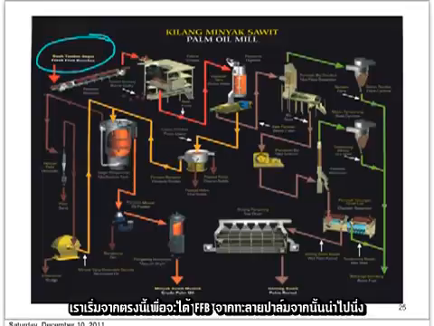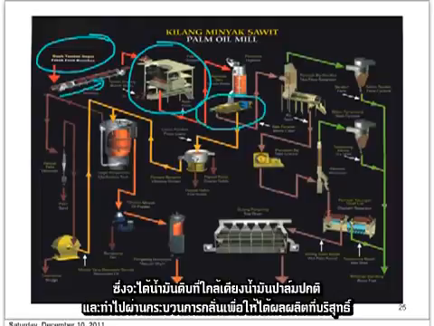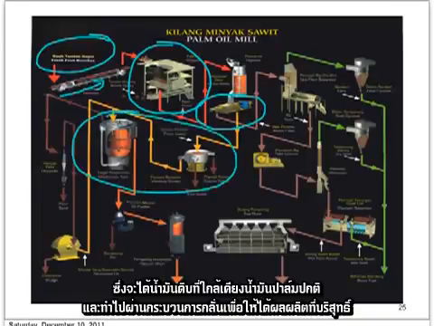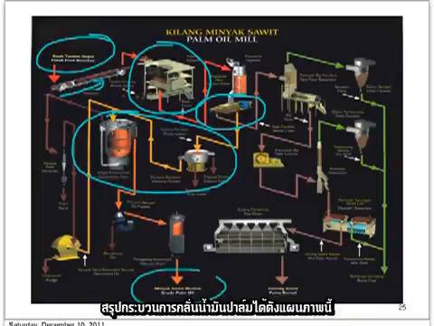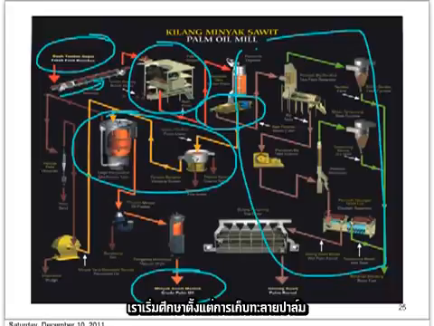This is where the FFB, or the fresh fruit bunch, will go in through the sterilizer, then the stripping process to remove the fruitlets from the fruit bunch, then the extraction process here, and the clarification process to remove the sediments and other undesirable components in the crude oil, and finally we get the crude palm oil. And on this part here, this is actually the process to produce the crude palm kernel oil.